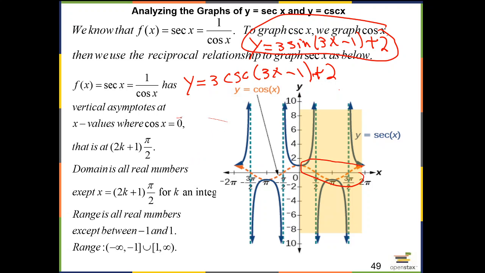Once we graph a cycle of that graph, 3 sine of (3x minus 1) plus 2, let's say we graph that. And then we're going to graph it in a dotted form. So we graph that, which is going to be a sine, a dotted line, right? And then where it crosses its own midline, we are going to put what? Vertical asymptote, right, where it crosses its own midline, right?